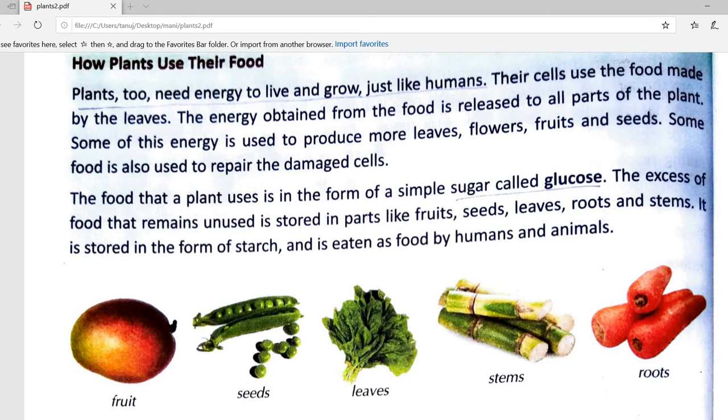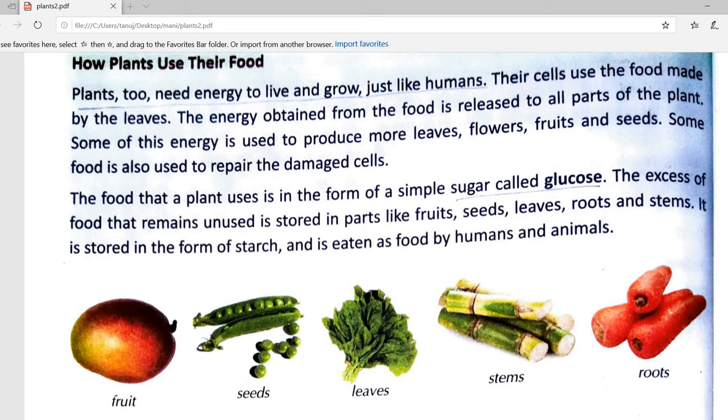And with this energy, the cells also get repaired from the food which they get from the plant leaves.